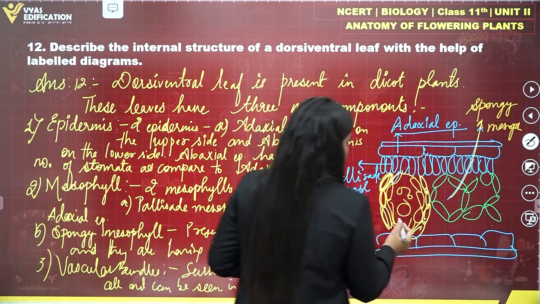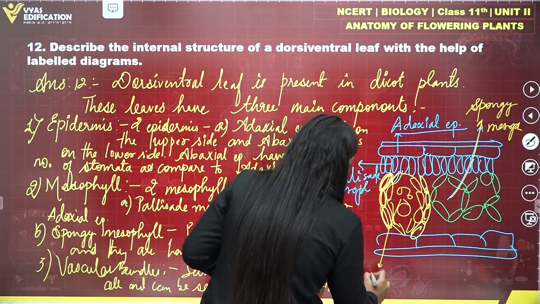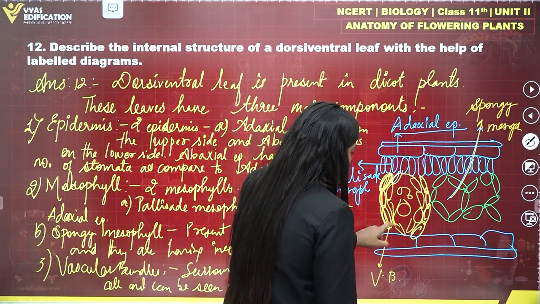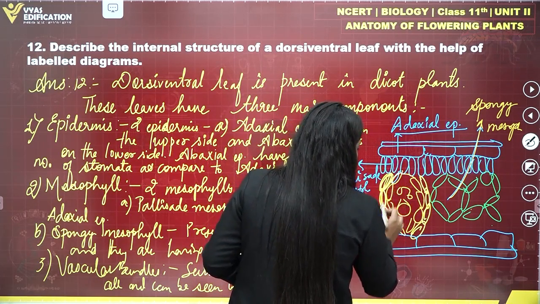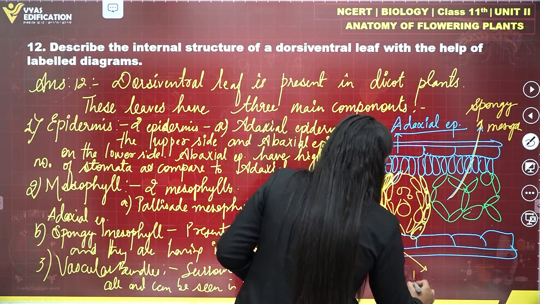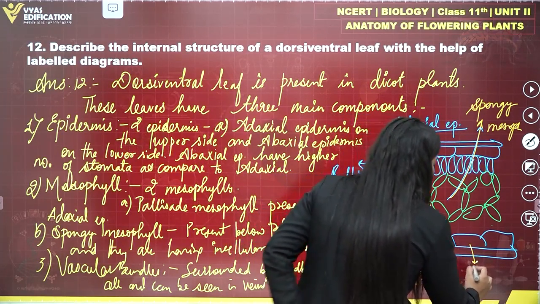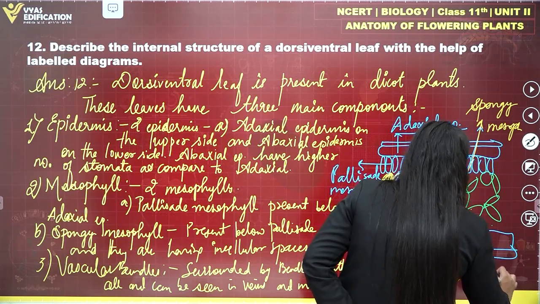Then this is the vascular bundle, I'm writing it as VB. These are bundle sheath cells, in the light yellow color. This is the abaxial epidermis.